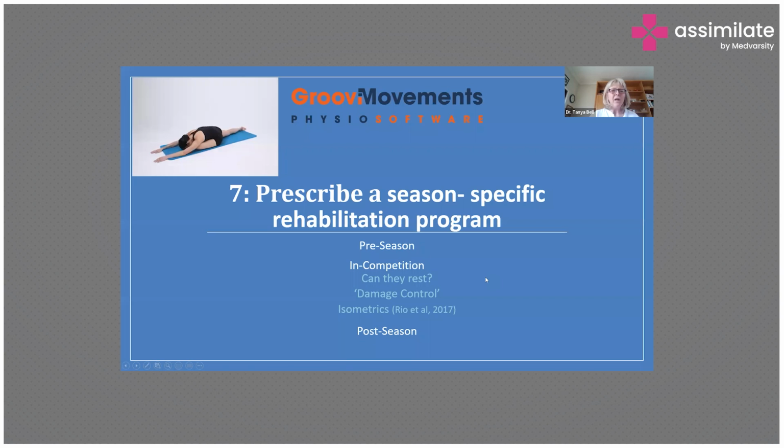So if they've got, for example, a glute medius tendinopathy, often doing isometrics in season will keep them going. Isometrics can be very helpful for analgesia, can help reduce the pain and help give them some control around that area. So instead of doing dynamic loading, you might be more tempted to just do some isometric work for them in season. So I call that damage control.